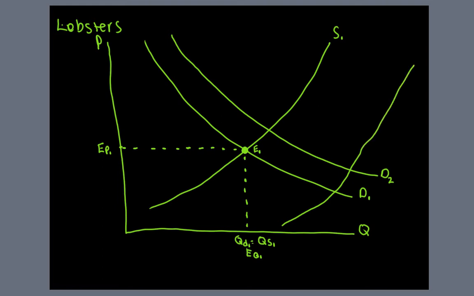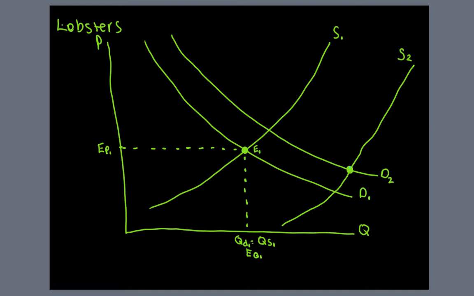Let's take a look at where our new equilibrium point is. Our new equilibrium point is going to be where our new demand and our new supply intersect, and that would be at this new dot here. Actually, let me do it in a different color just so you can keep track. So it would be this blue dot right here, and I'm going to denote that E sub 2.